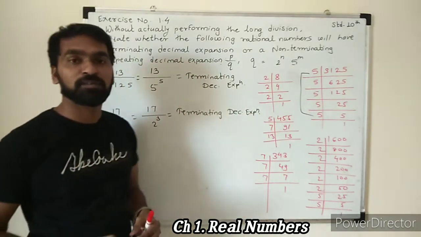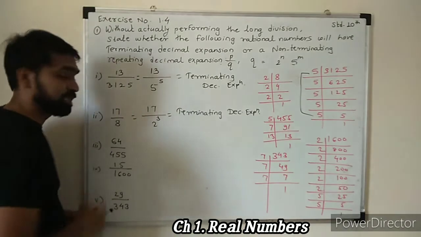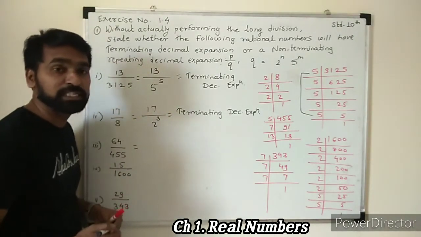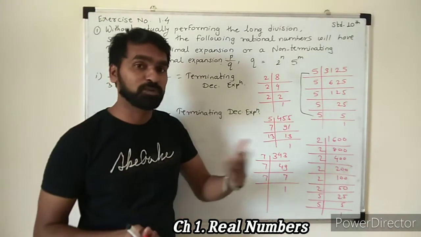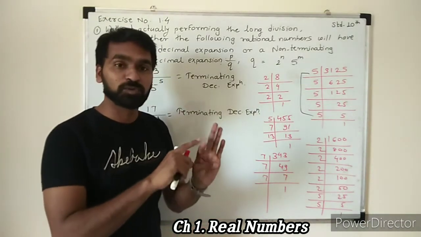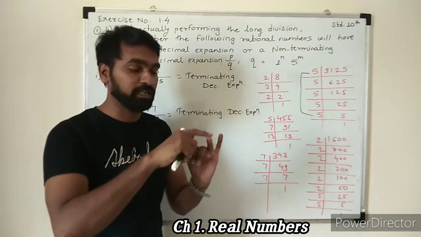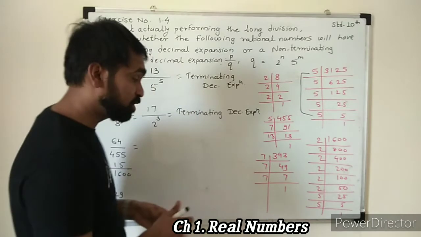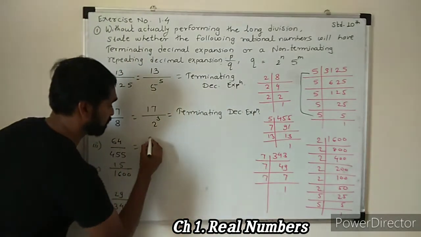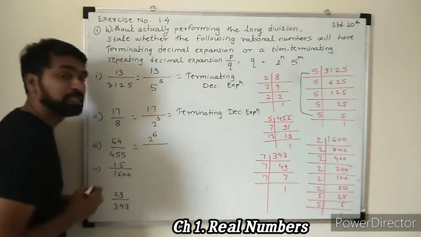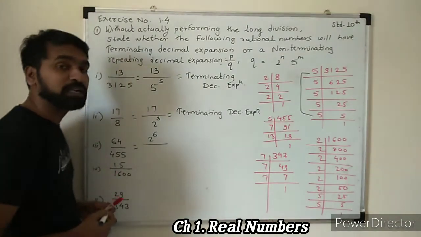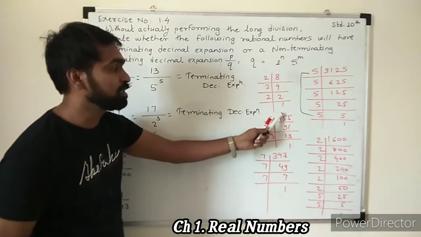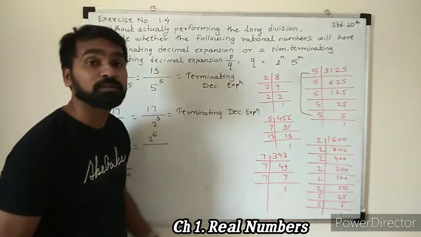See the third example, 64 upon 455. 64 means what? In the form of 2 raised to what? 2 twos are 4, 4 twos are 8, 8 twos are 16, 16 twos are 32 and 32 twos are 64. Means 2 raised to 6. Next, upon 455, by using the prime factorization method, you have to find the factors.